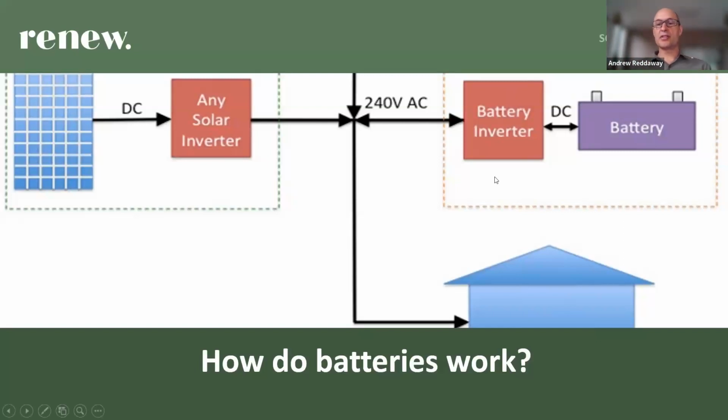So this is a pretty flexible way to add on a battery if you've got an existing solar system, because you don't have to mess with the solar system that's there already. The battery has its own cable that goes into the switchboard with its own circuit breaker safety switch.